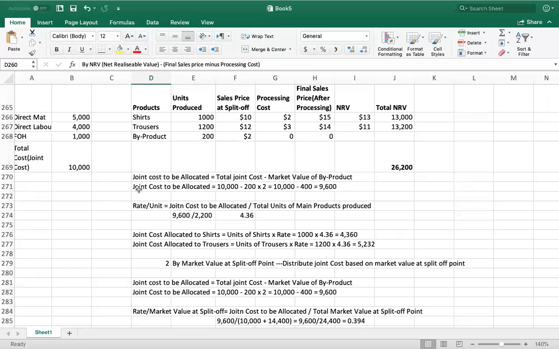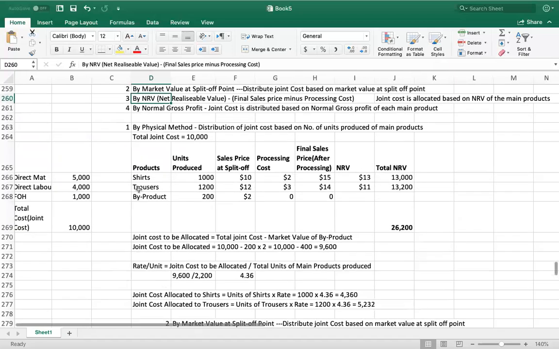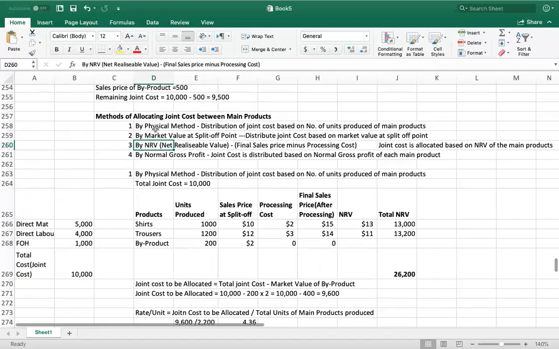So we can stick to one of them, right? Sorry? We can take only one and practice it if they are not specifying which method to follow. No, they will specify, for sure. It is not possible that they will not specify. 100% sure they will specify.